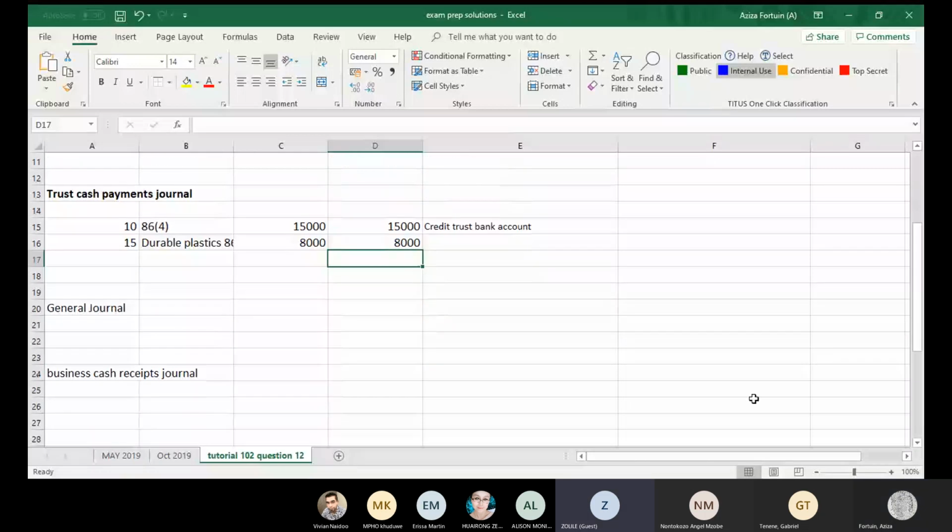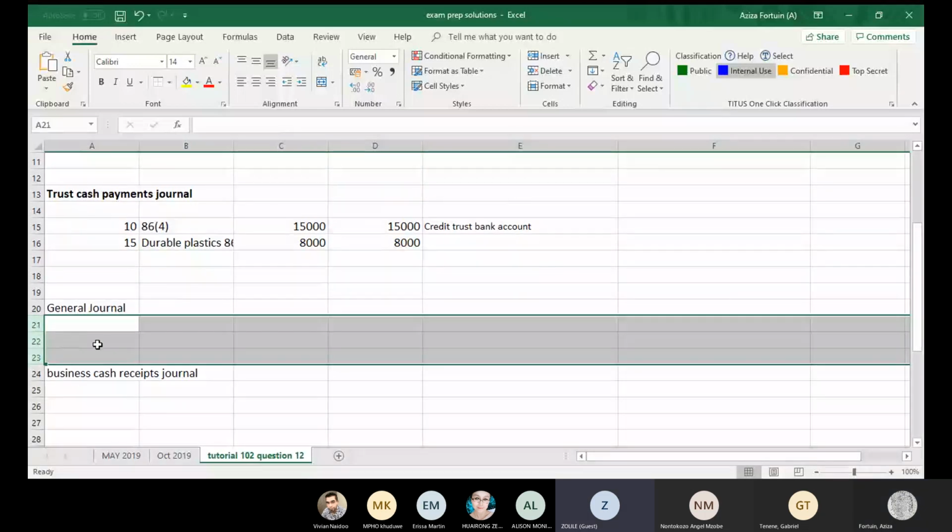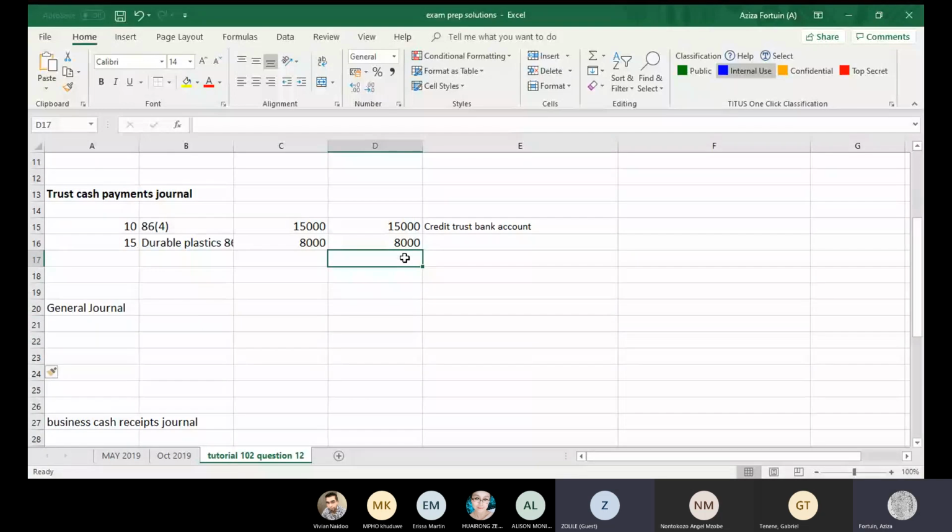Close the savings account of SA Bank with the amount of 23,000. Now there's also 300. I don't know where it came from. What 300? We have to close the savings account at the SA Bank. That is the amount which is received, which is 23,000. Oh, I see. But now there's also this extra 300. So what do you put in your trust cash payments journal?